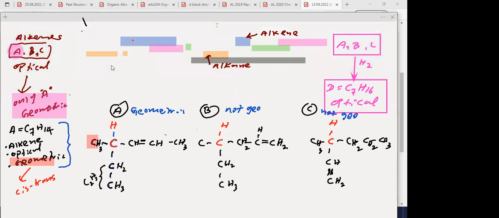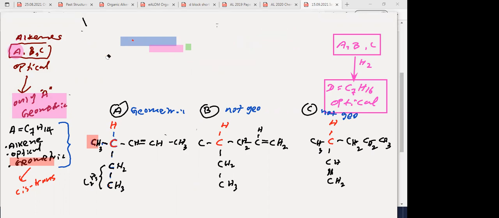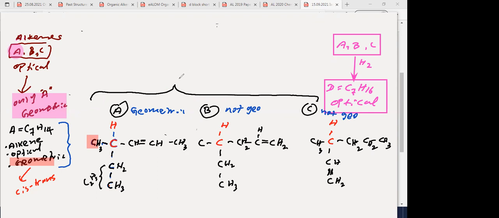Okay, I'll erase the rest now. Can you see the screen? So all three will give the same structure after catalytic hydrogenation. That means you add hydrogen, nickel, hydrogen, catalytic hydrogenation. Then you get the same skeleton again, no?